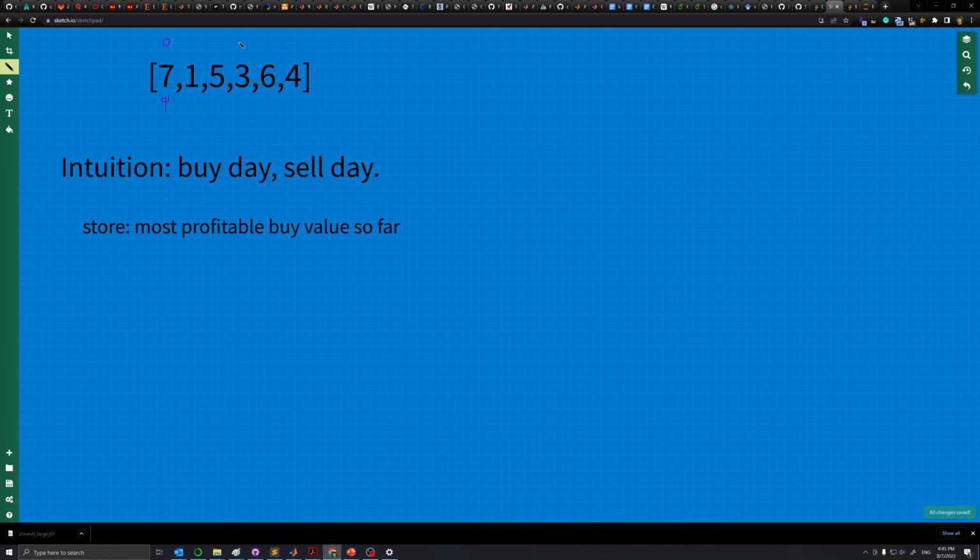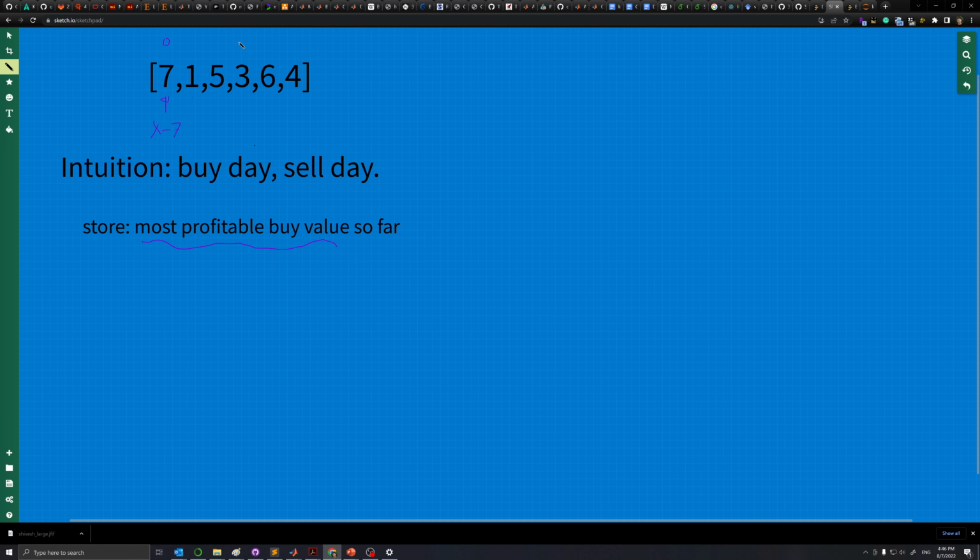So far the most profitable buy is 7, because that's the only buy choice that we know. So the most profitable buy value so far is whatever you sell at. If you sell at price X, it's gonna be X minus 7. That's your total profit value, right?